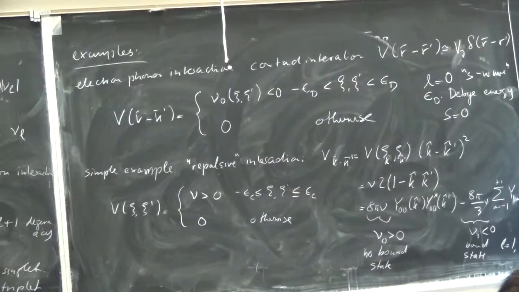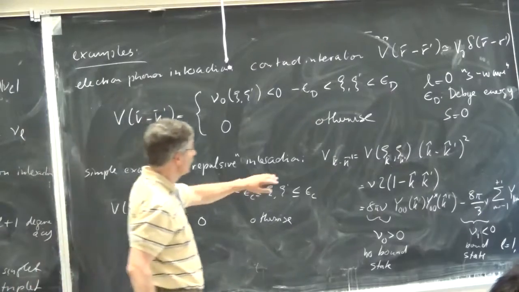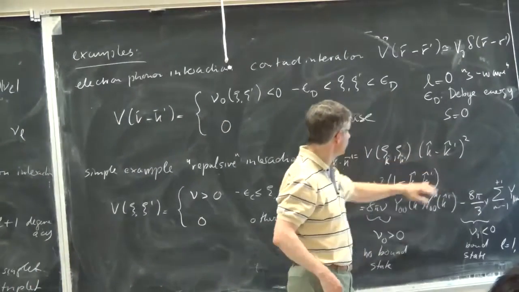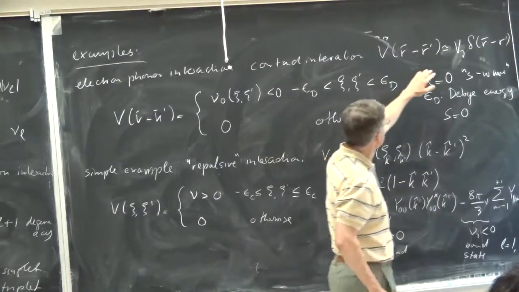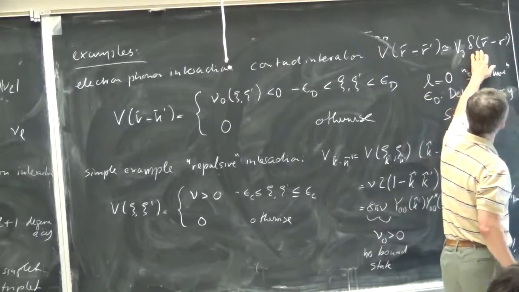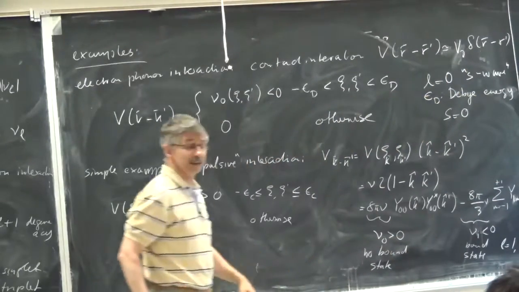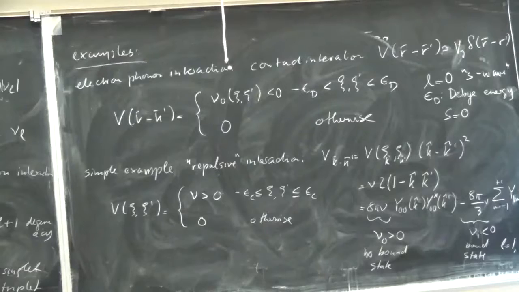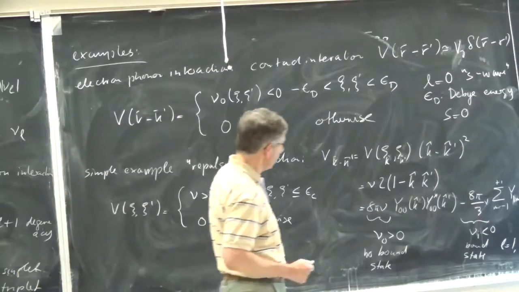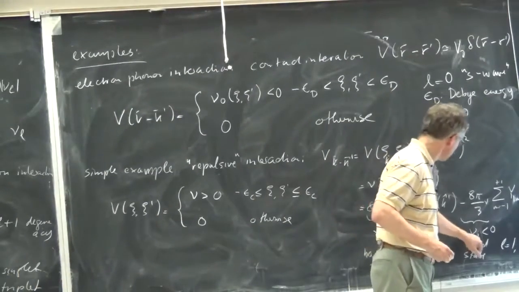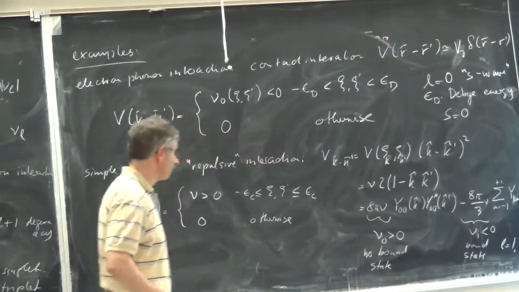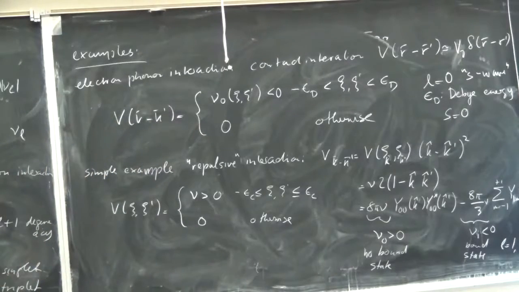And so when we have an anisotropic, non-contact interaction, we have to analyze it carefully, and we might find a channel where we can form a Cooper pair.